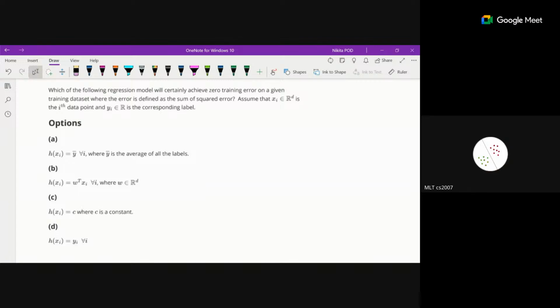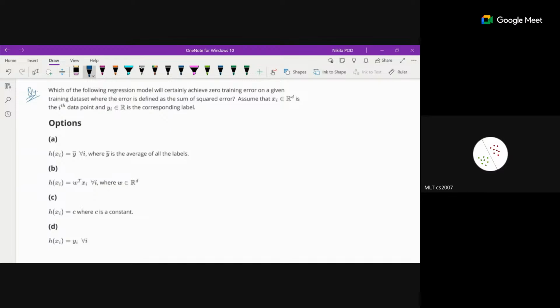So what is the answer for this question? Some of these questions are taken from your previous term paper. What do you think the answer can be?